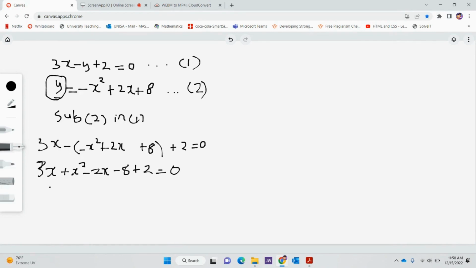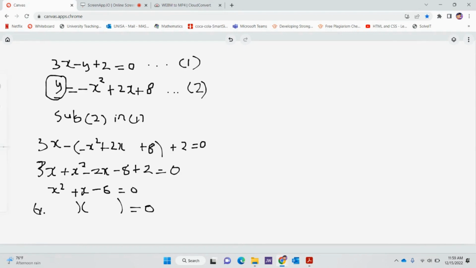So in standard form, we're then going to have x squared. 3x minus 2x is going to give us plus x. And then minus 8 plus 2 is minus 6. Equals to 0. Does this have factors? Okay, for x squared, it will be x and x.